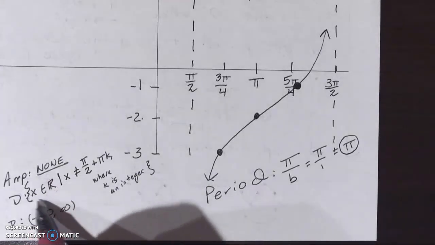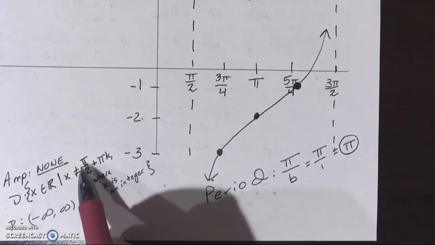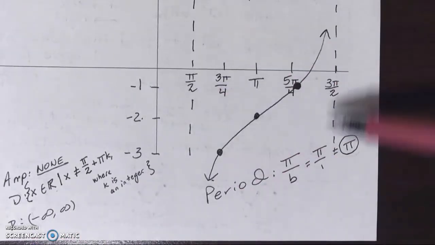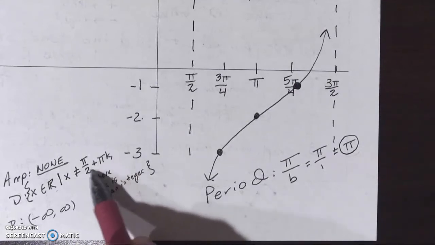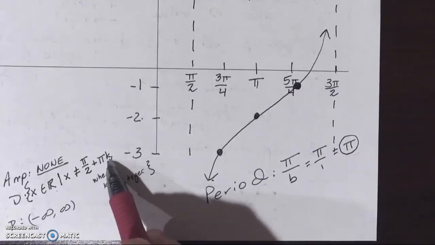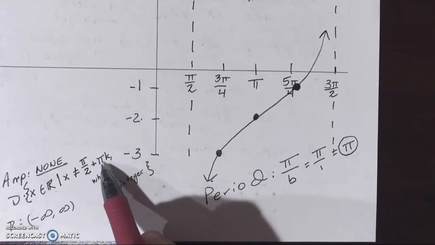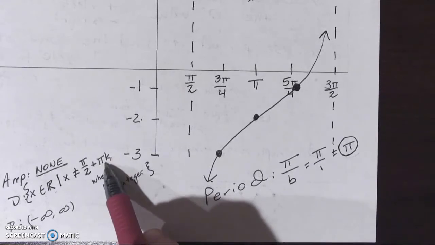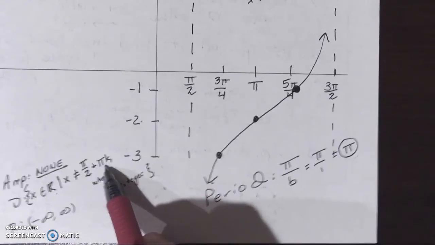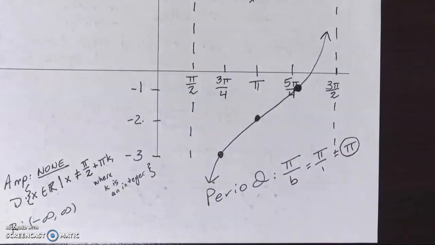This means x can be any real number except, obviously, one of these asymptotes, or any x value adding pi, however many times. k could be 1, k could be 2, k could be 3. If we add 3 pi, 4 pi, 5 pi, negative 3 pi, negative 5 pi, we will hit every single asymptote in the cyclical graph.